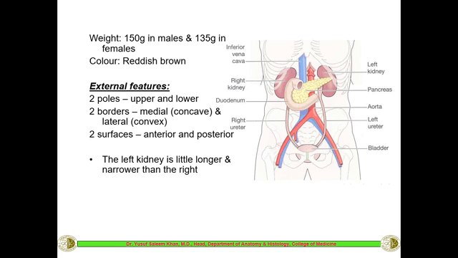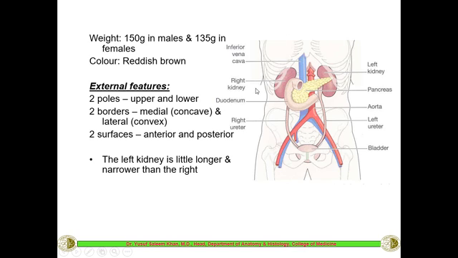The left kidney is a little longer as well as narrower compared to the right kidney. There is an objective where we are supposed to compare the right kidney and the left kidney, so I did not put it as a separate column. But throughout this lecture, I will be explaining the differences between the left and right kidney, and how to identify the left kidney from the right. If you compare, the left kidney is always slightly longer and narrower, and the right kidney is much broader.